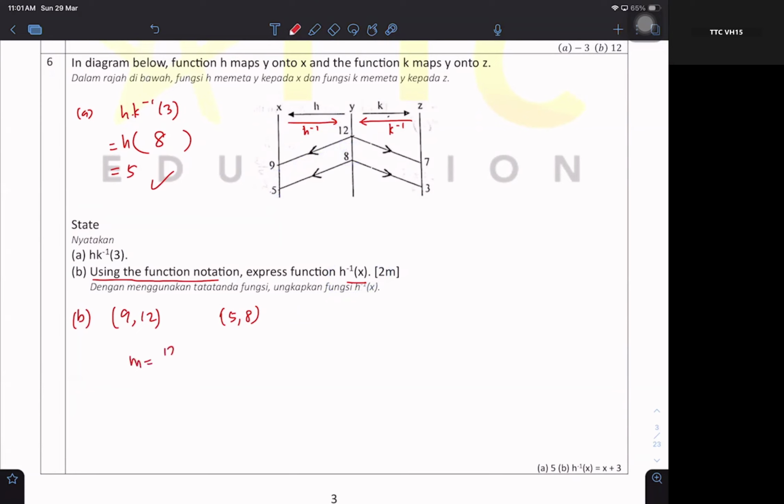Then you do the gradient. Gradient is y2 minus y1 over x2 minus x1. 12 minus 8 is 4. 9 minus 5 is 4. 4 over 4 is 1. Then you do y equals mx plus c. You just choose one point.